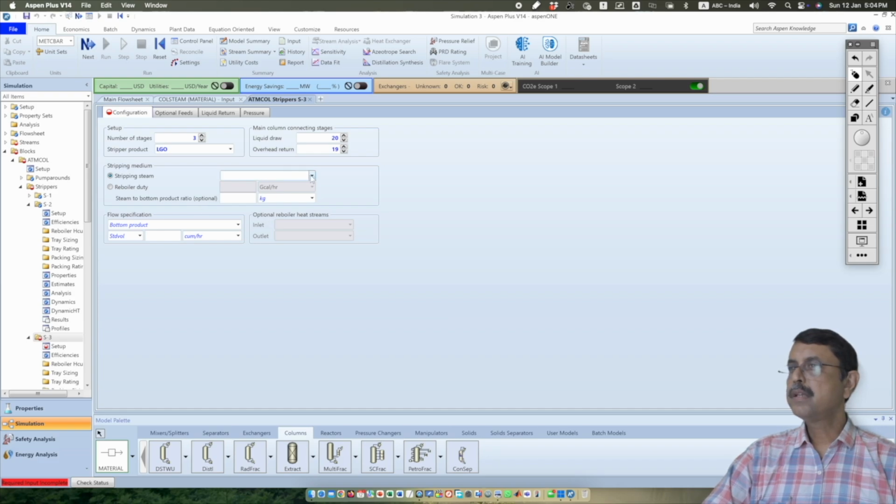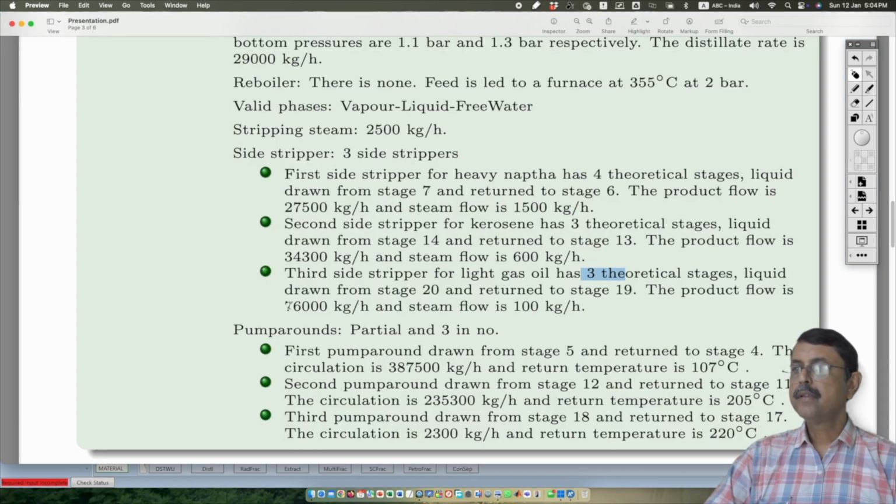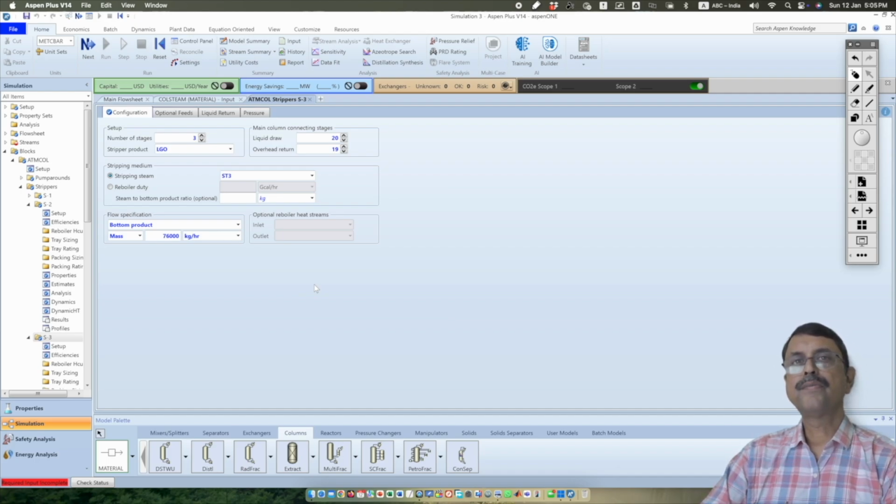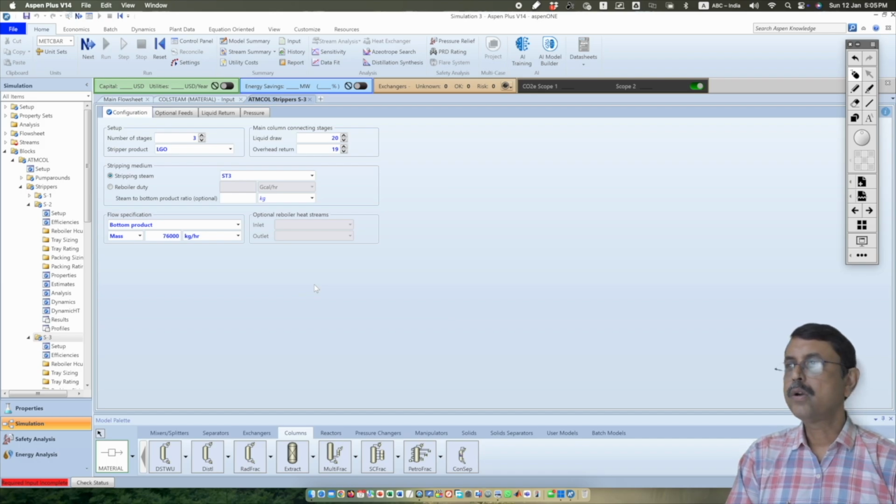The stripping steam is ST3, and the bottom product is 76,000 kg per hour. So this much of light gas oil is being taken out from the column.